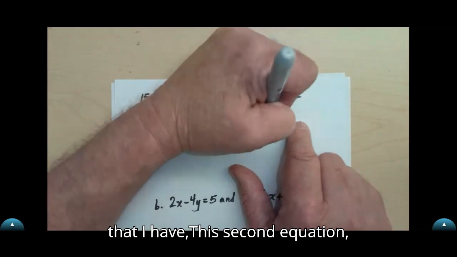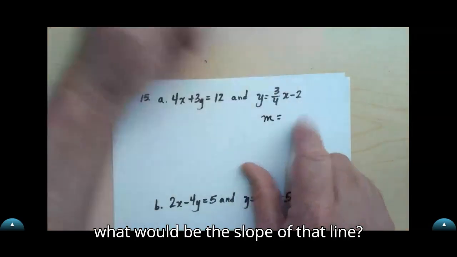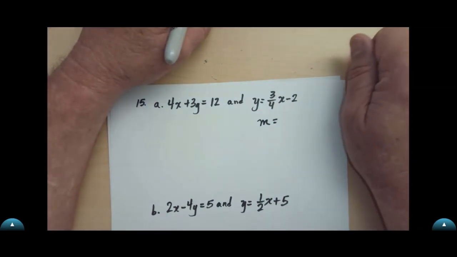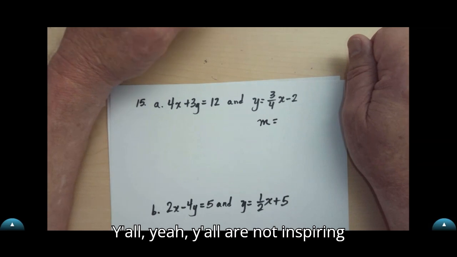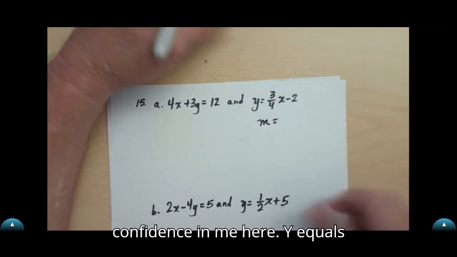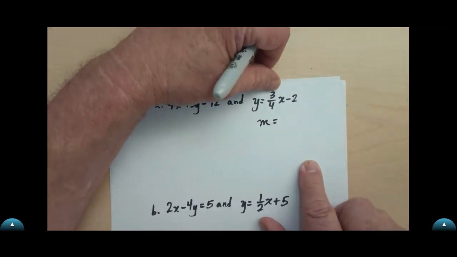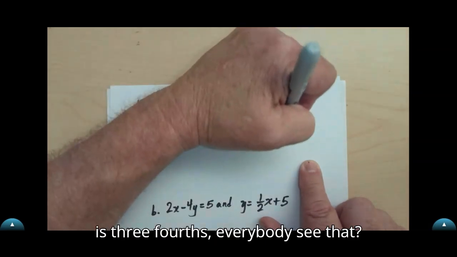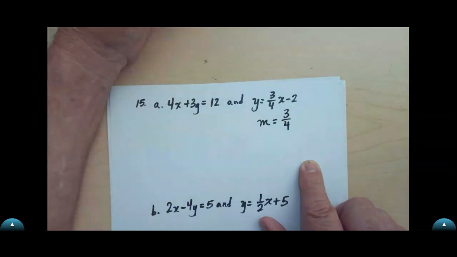This second equation, what would be the slope of that line? Y'all are not inspiring confidence in me here. y equals mx plus b. m is 3/4. Everybody see that?